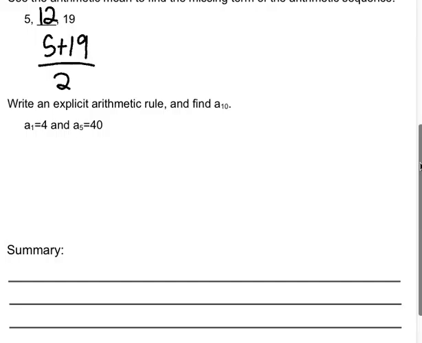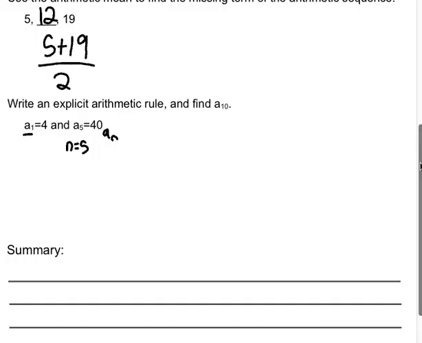Because remember, you have A1, you know n is 5, and you have your future term. The only thing you're missing is d. So remember, if you're missing anything, plug everything you know into the explicit formula, solve for what you don't know, and then go from there.